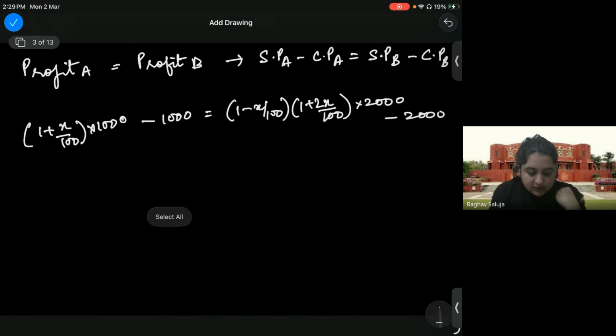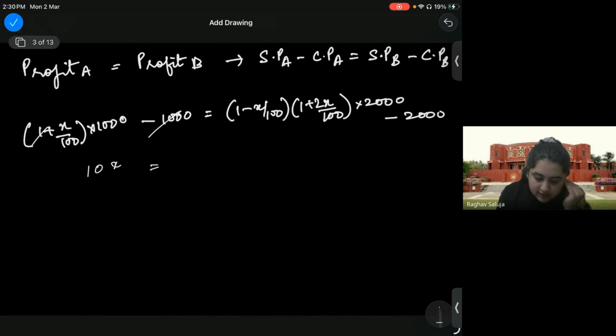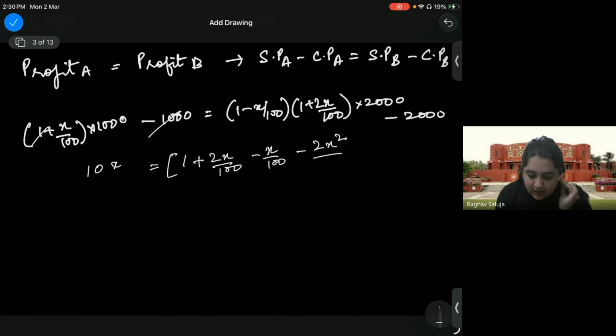So 1000 and 1000 will cut. So our remaining will be 10x, which will be equal to, just open this bracket. So when you open this bracket, you will get 1 plus 2x by 100 minus x by 100 minus 2x square by 100 square into 2000 minus 2000. So we can just simply cut this 2000 and this 2000.